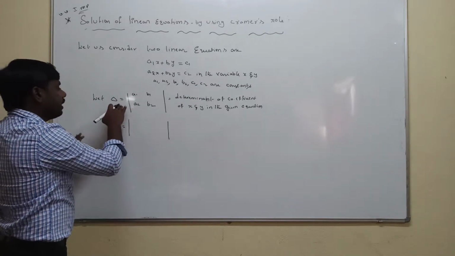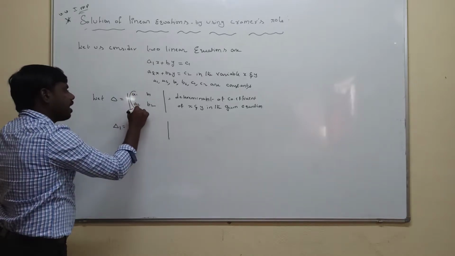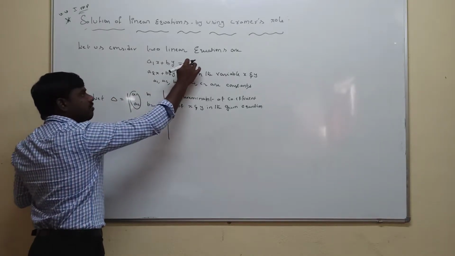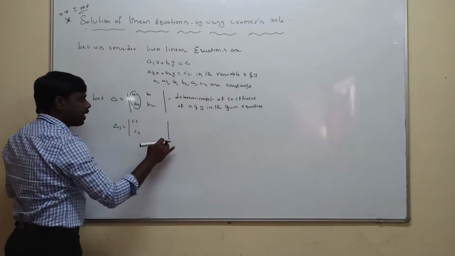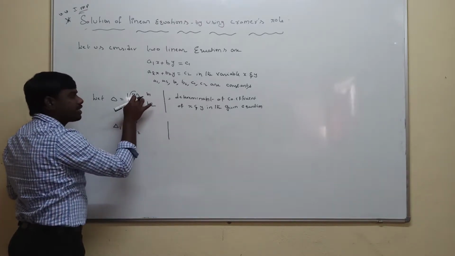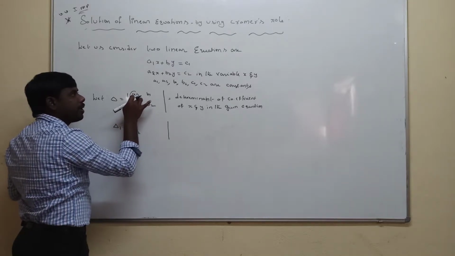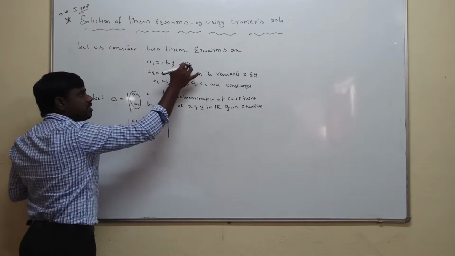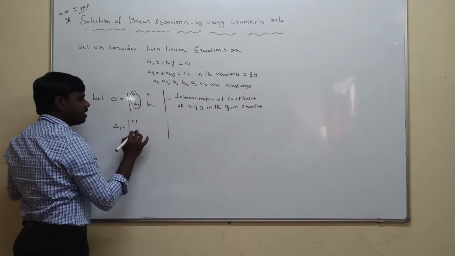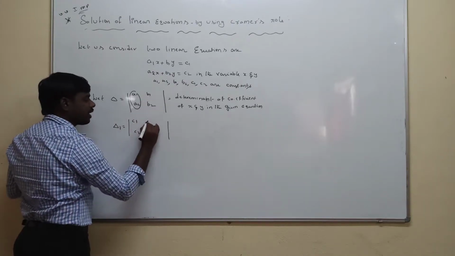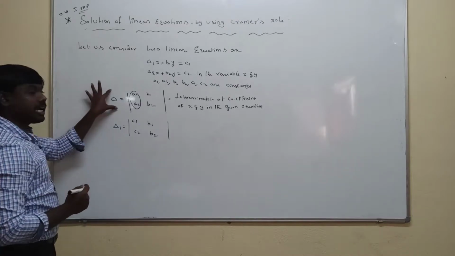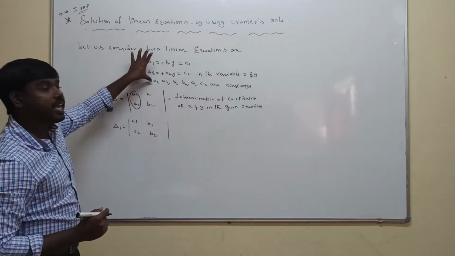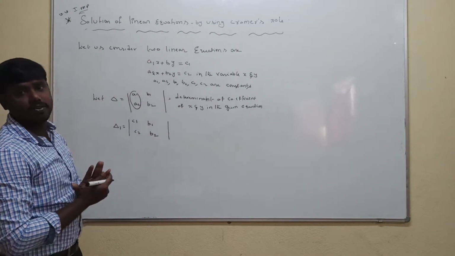So the first column is replaced by the constants c1, c2, and the second column we write as it is, b1, b2. Everyone understood?